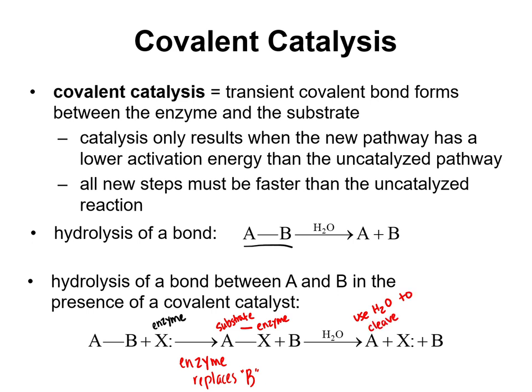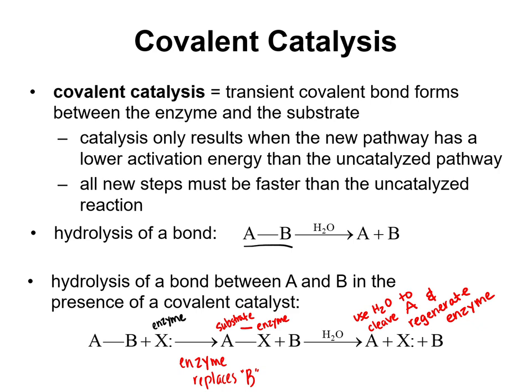Liberate, cleave, cut, those are all terms that you're going to see and hear when it comes to catalysis. So we're going to cleave A and regenerate the enzyme. Remember, the enzyme is a catalyst, which means it does not get consumed.